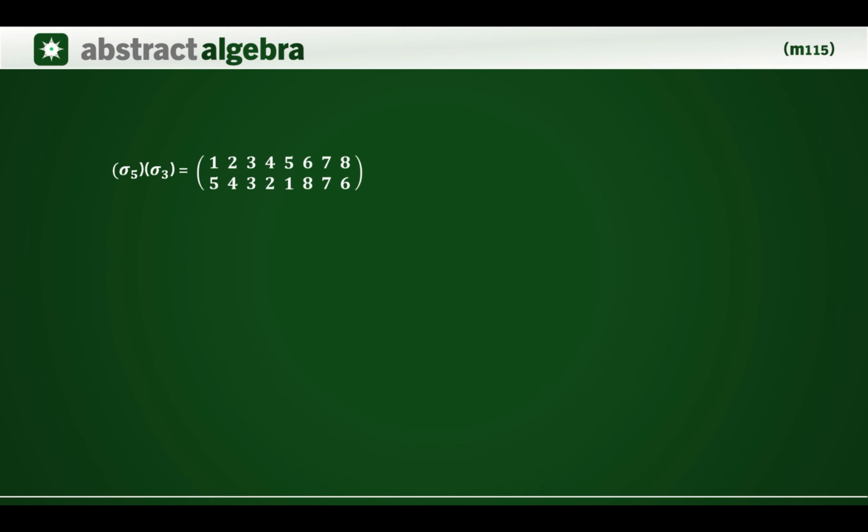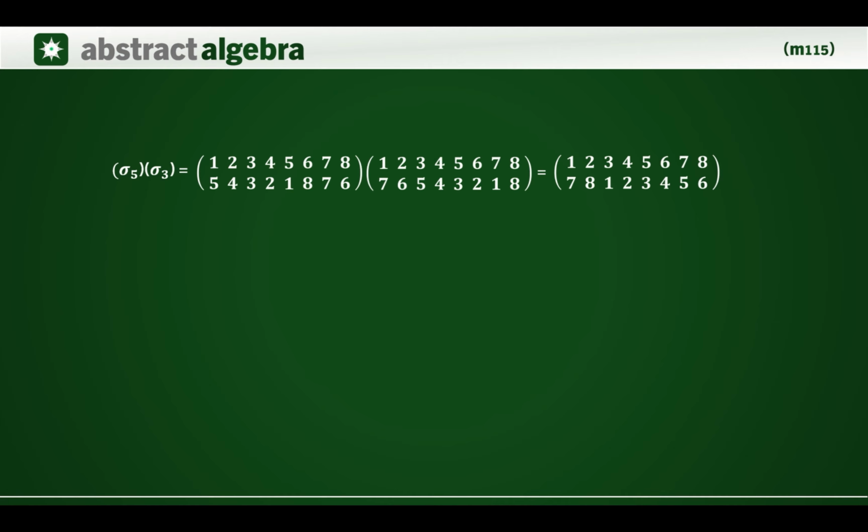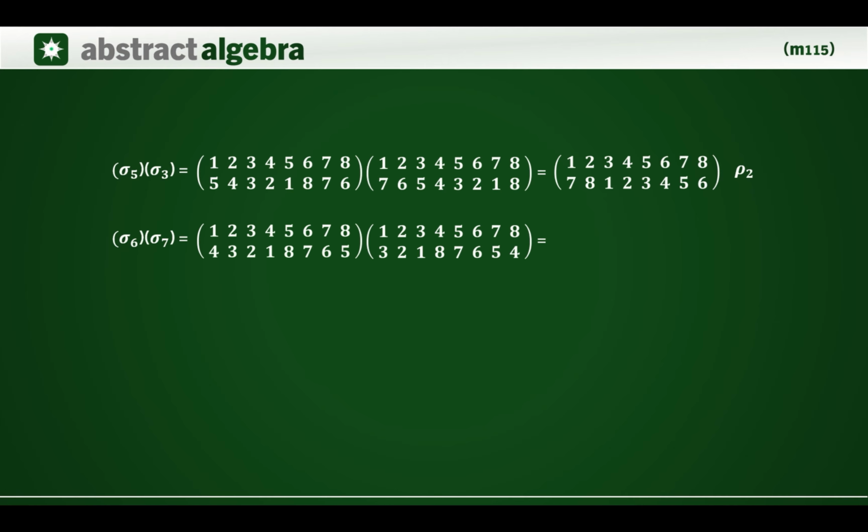Next, we are going to find the composition of sigma sub 5 to sigma sub 3, which results in rho sub 2. Next, the composition of sigma sub 6 to sigma sub 7 results in rho sub 7.